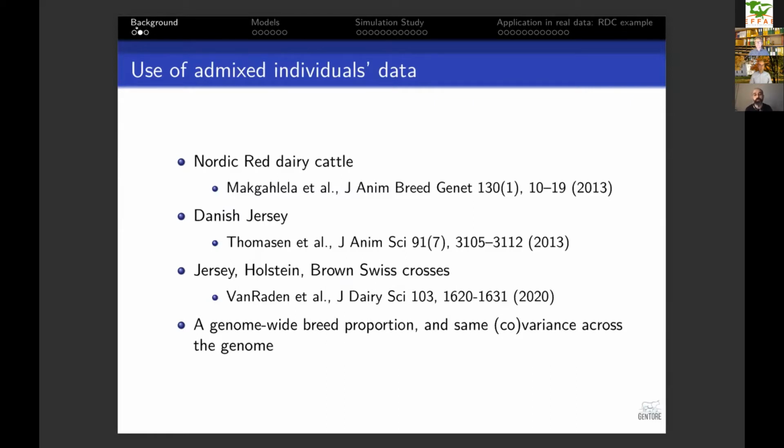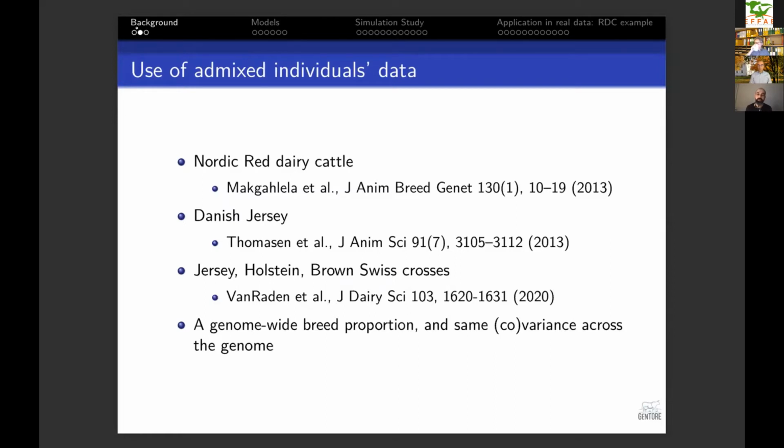But in all cases, the first problem is that they rely on a genome-wide breed proportion. If you just pick two individuals with the same exact genome-wide breed proportion, they may have a very different admixture pattern over the genome, depending on which chromosomal region is coming from which breed. So we hypothesize that this is not really the optimum way.